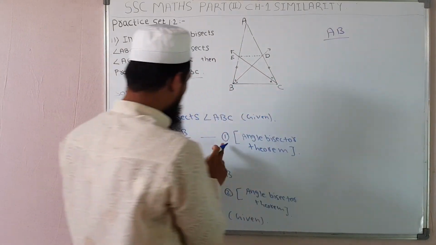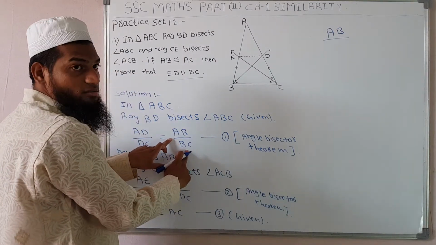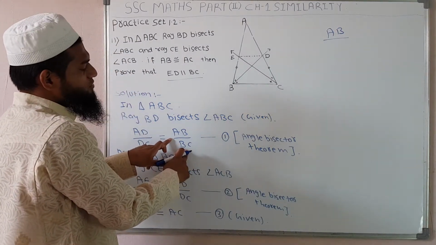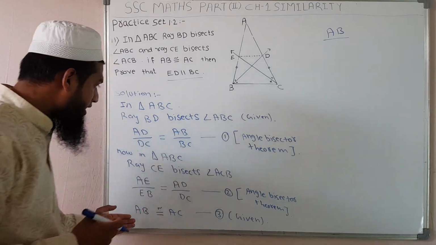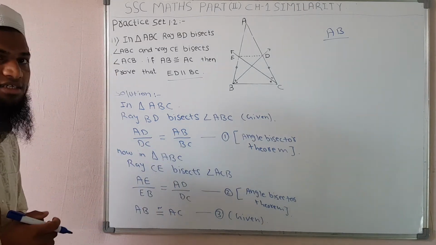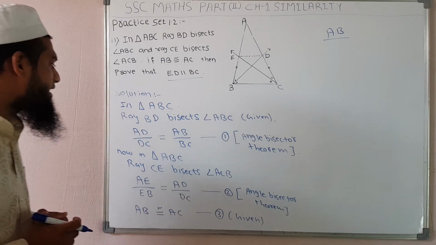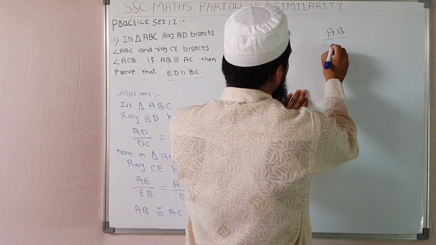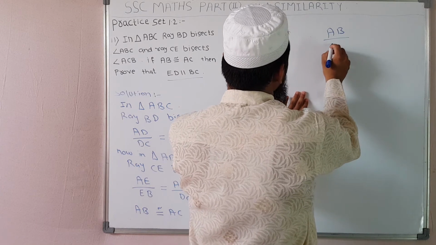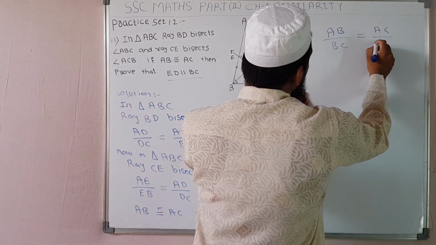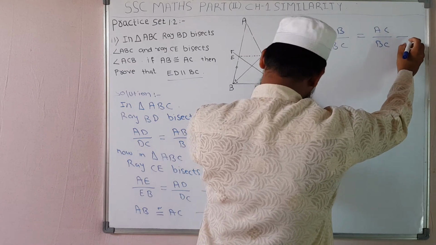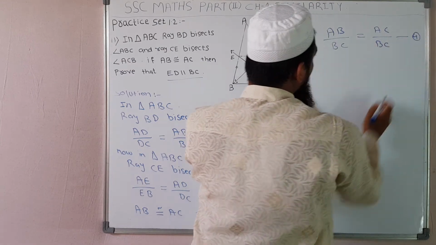So we can write that in equation number 1, AB upon BC is equals to AD upon DC, but AB is equals to AC. So we can write AD upon DC is equals to AC upon BC, and give it as equation number 4.